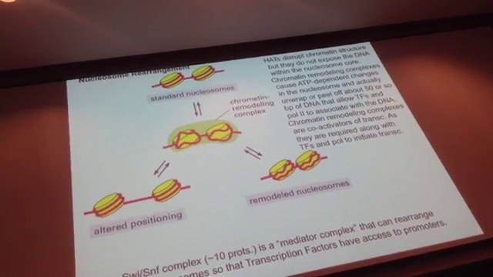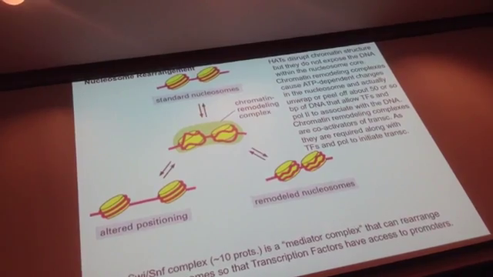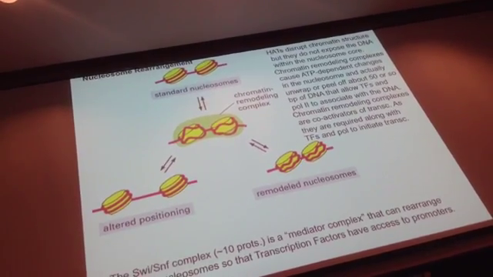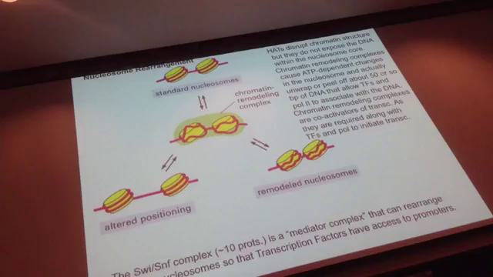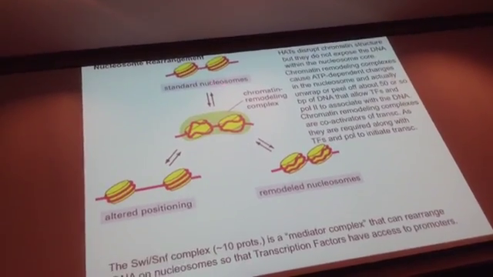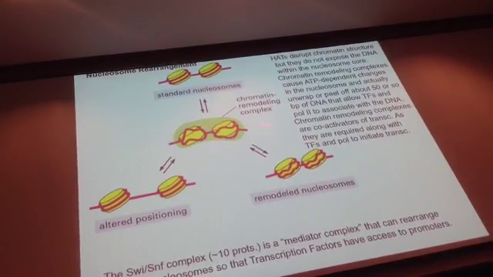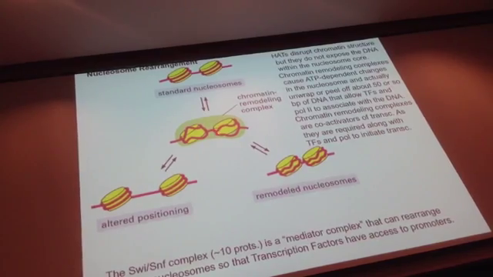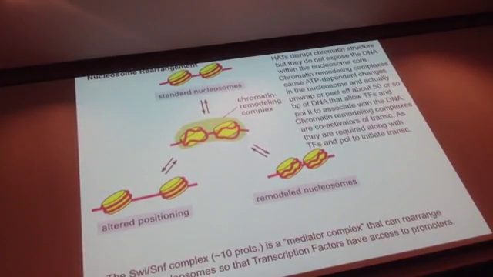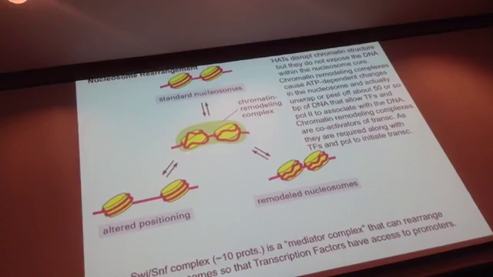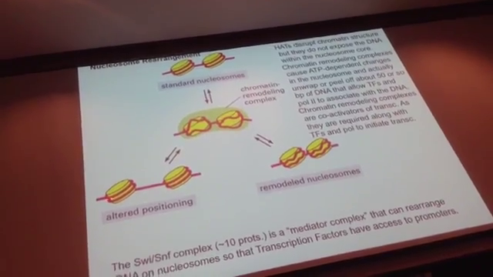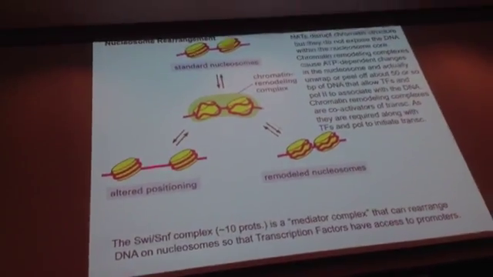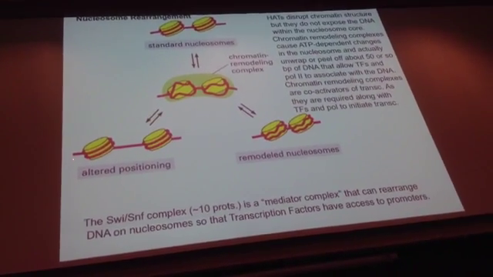Okay. So this is once again showing you a little more about what these remodeling complexes can do. If you go through and look at these individually, you'll see here's the standard nucleosomes tightening. One thing the chromatin remodeling complexes can do, as we said, is cause these to be loosened. They can also do this, which is called phasing. You can see the distance in between is different, so they cause the nucleosomes to move a little bit.